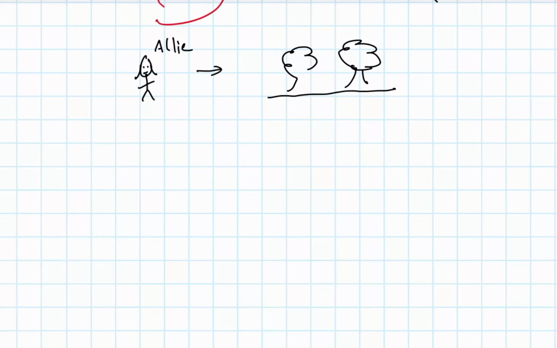Let's do another example. We're going to do a positive externality. So in a positive externality, let's say that Allie, this is Allie, she loves to go to the park. It provides her benefits, and so makes her happy.